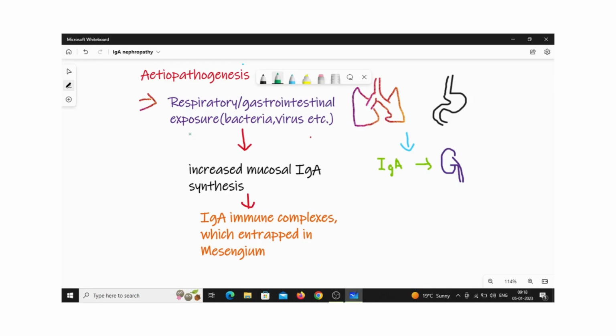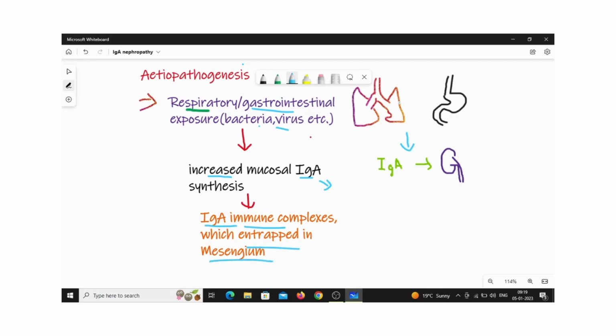When there is respiratory or gastrointestinal exposure to virus or bacteria, there is increased synthesis of IgA in the body, and this IgA travels in the blood, goes to the kidney, and in the process of filtration, this IgA immune complex is entrapped in the mesangium of the kidney.